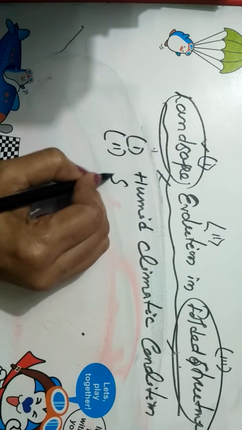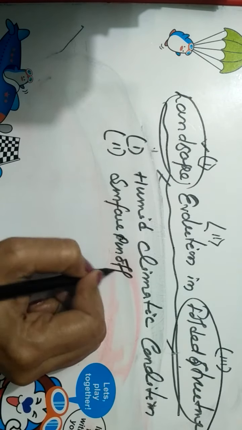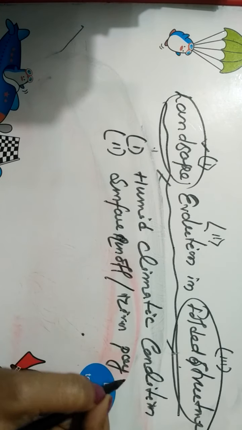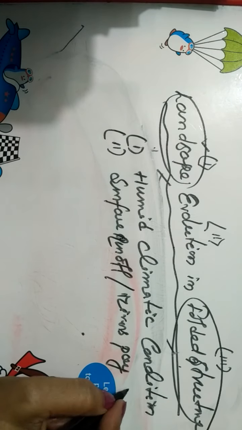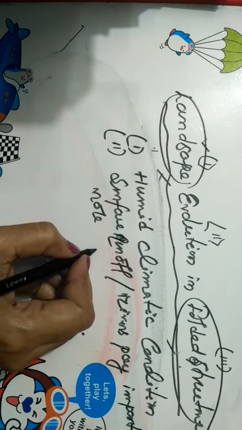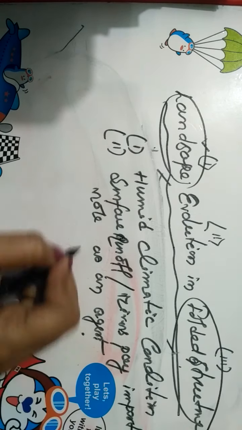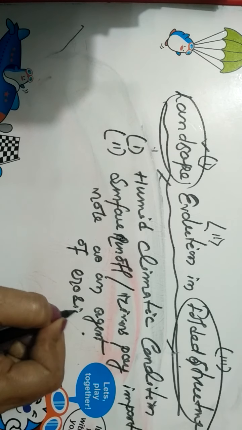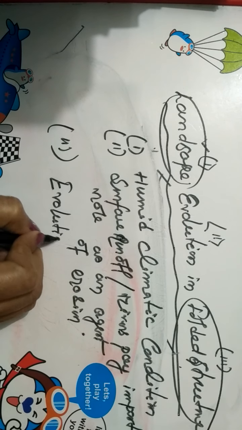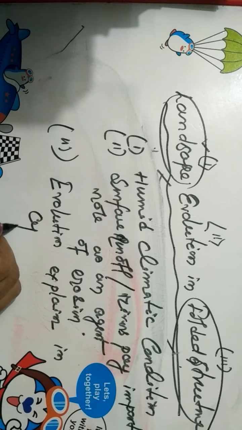Second one is the surface runoff or rivers. Surface runoff plays an important role as an agent of erosion. Third one is that evolution is explained in cyclic time scale.